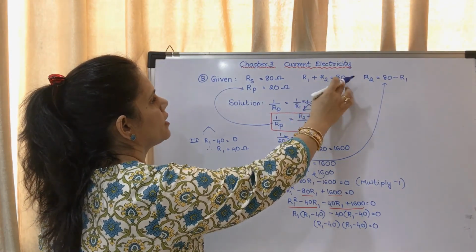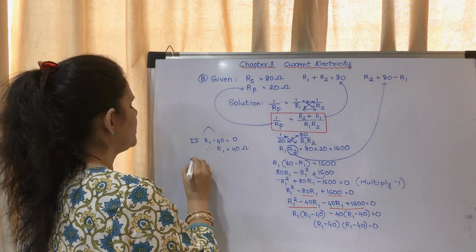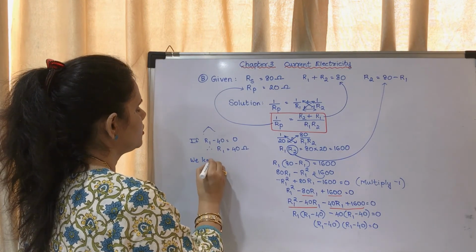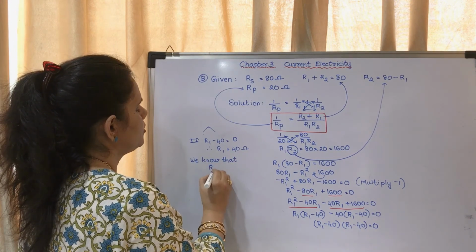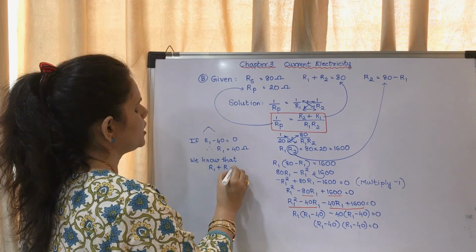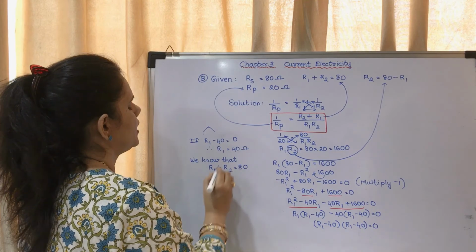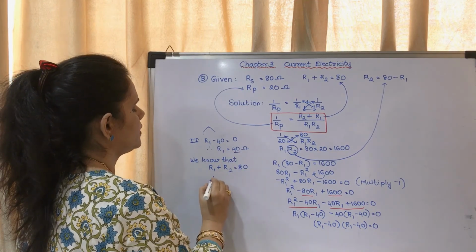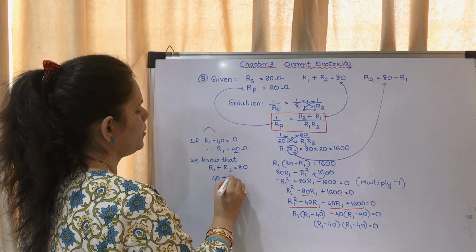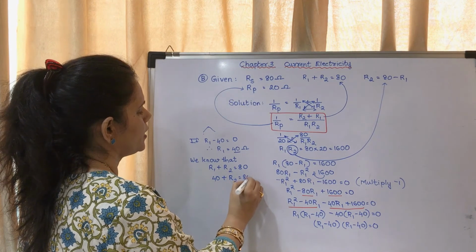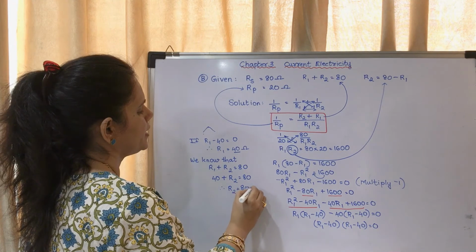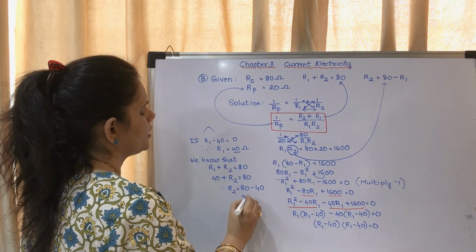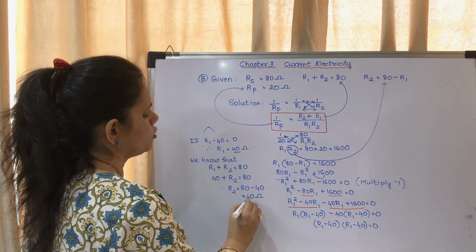But we know that R1 plus R2 is equal to 80. We got R1 as 40, so 40 plus R2 is equal to 80. Therefore, R2 will be equal to 80 minus 40, that will be equal to 40 ohms.